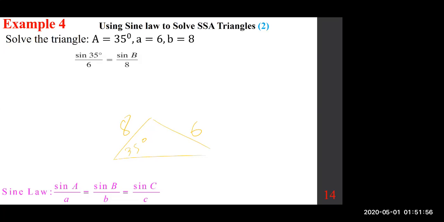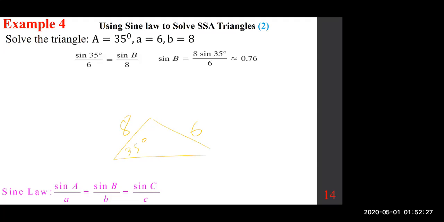So the angle is 35 degrees and the sides are 6 and 8. However you put that, it works out as long as you are consistent. So with that being the case, the cross product will do the job, and sine B becomes 0.76.